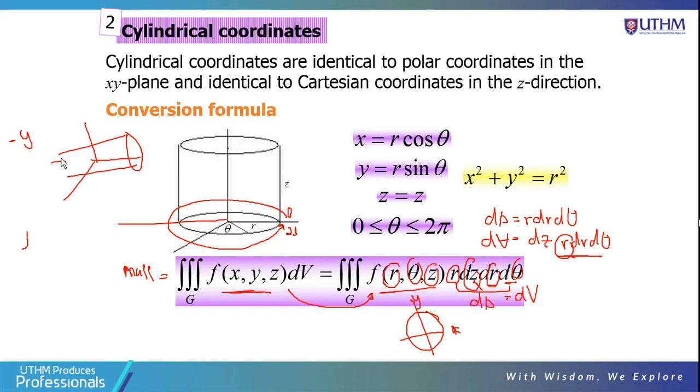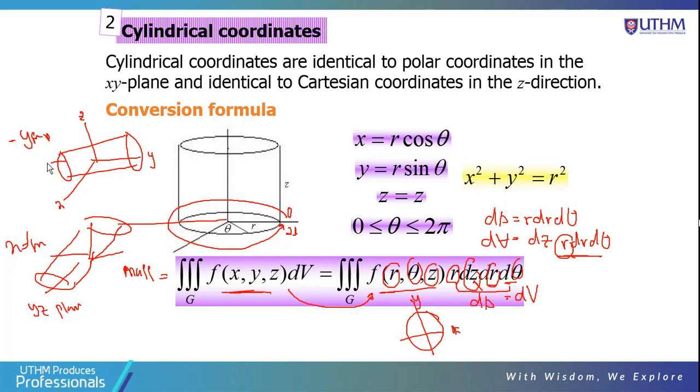If you choose y as the simpler, the plane is in the xz plane. Here is y, here is z, here is x. If you choose x as the simpler, it will be here, and the circle is in the yz plane.